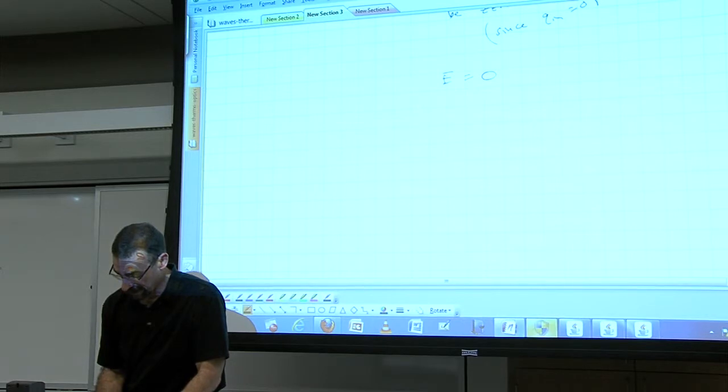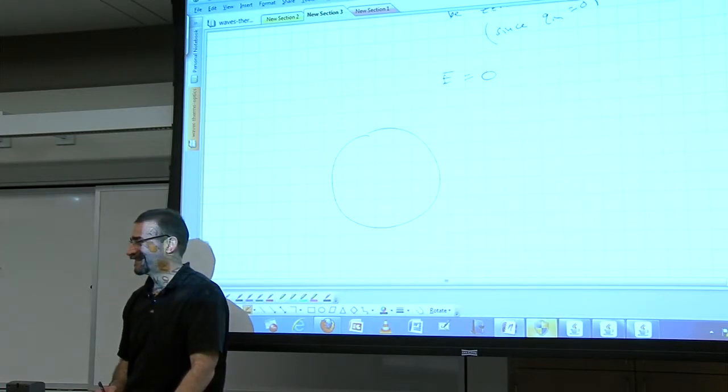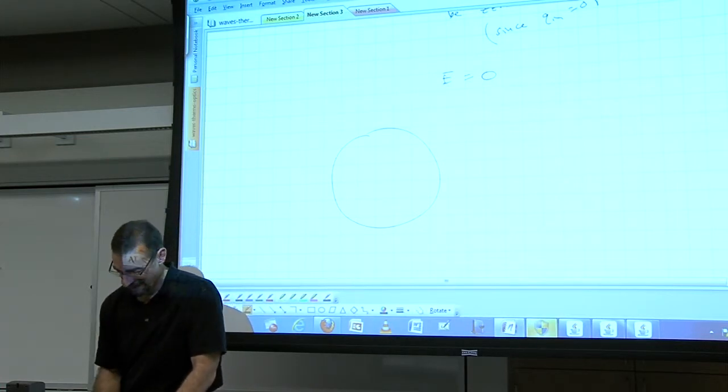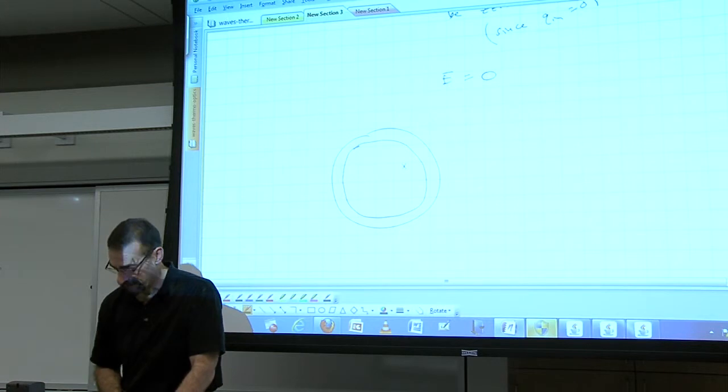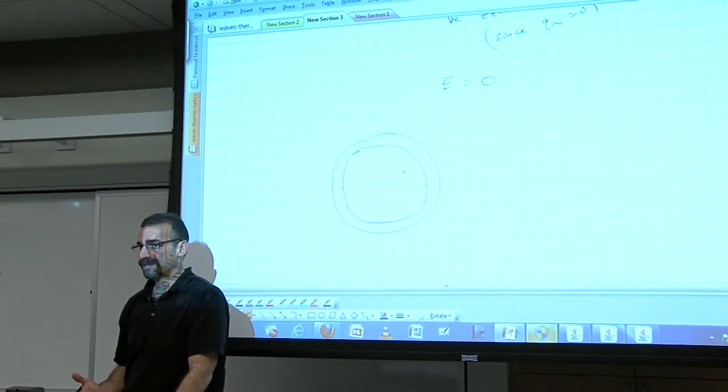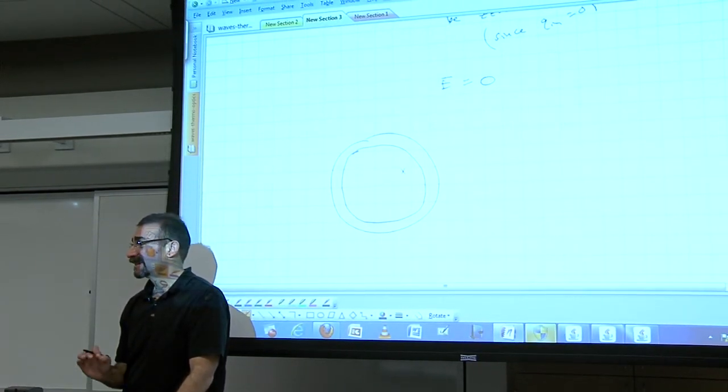If you had a hollow planet, all the mass is in a shell around the outside and it has a hole in the middle, and you're in here, force of gravity acting on you, 0.